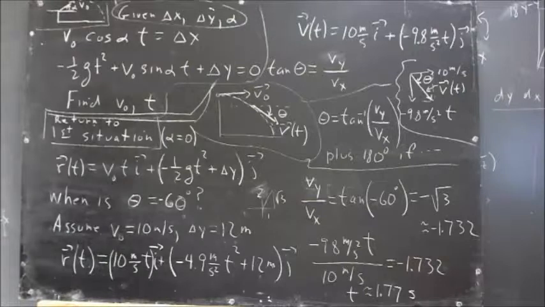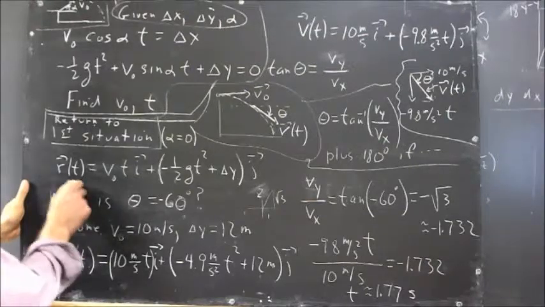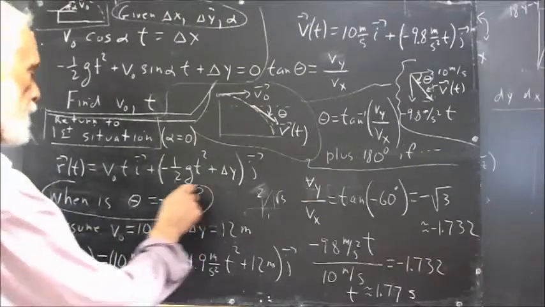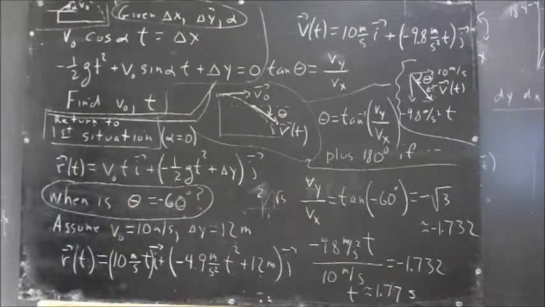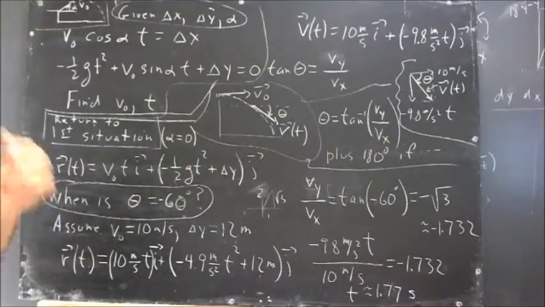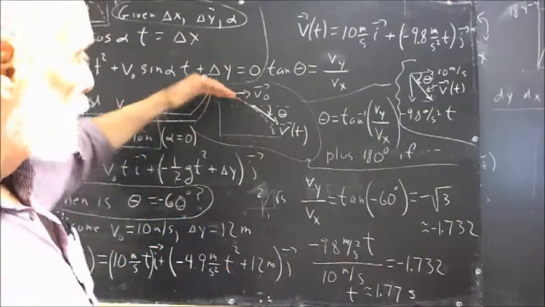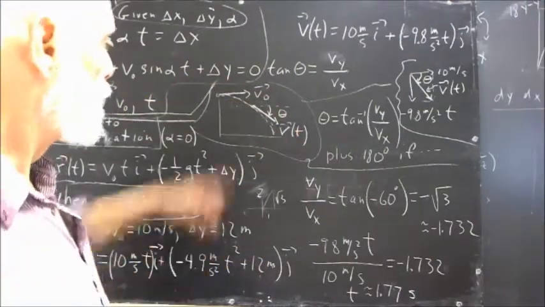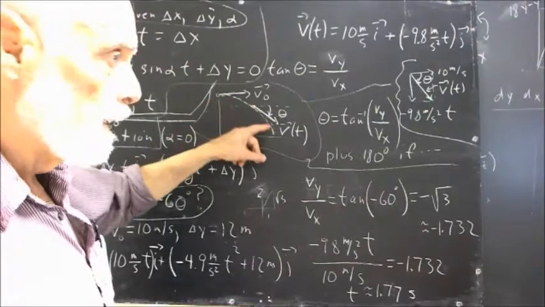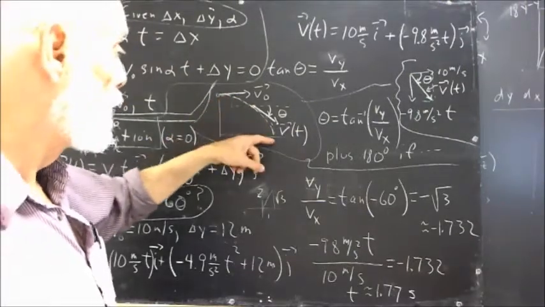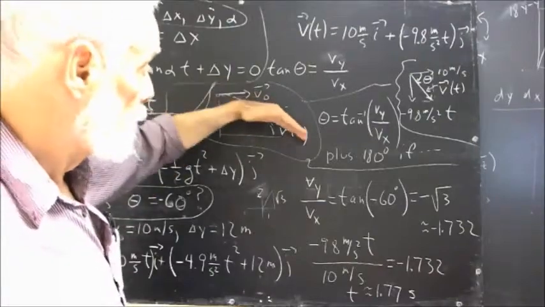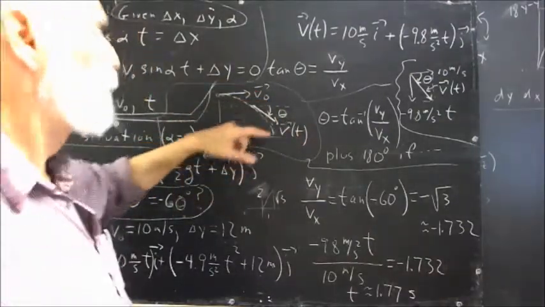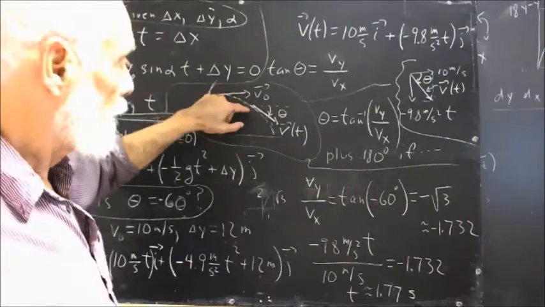Now, the question that we want to ask here is, when is theta equal to negative 60 degrees? What do I mean by that? By theta, I mean the angle at which the projectile is moving. If you take any point on the projectile's parabolic path, the tangent vector is going to be your velocity vector at that instant.